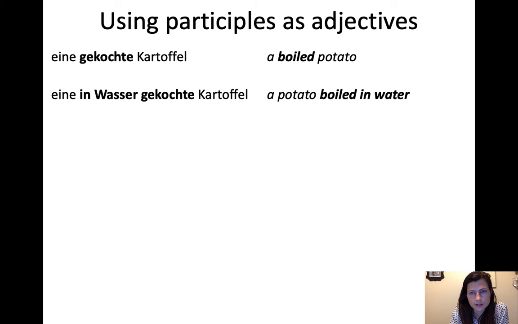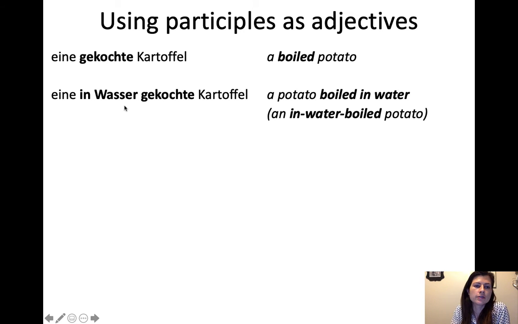So what's happening here is what we're saying literally, word for word, is an in water boiled potato. So in Wasser gekochte, it's the same as the first one, eine gekochte Kartoffel, but we've added in Wasser because we want to describe it a little more. We're adding a detail here, boiled in water, right?